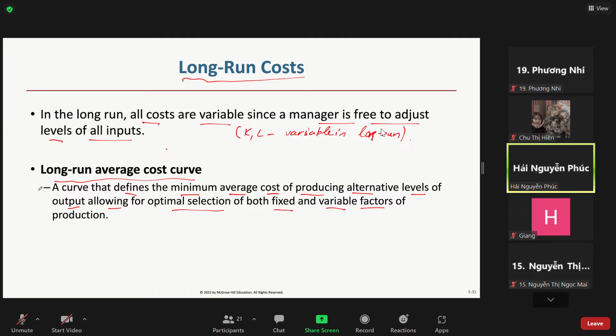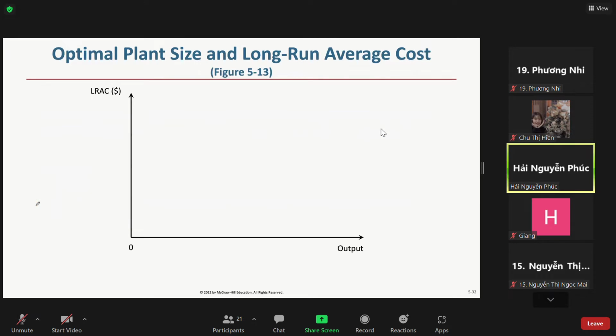You can see that this definition is quite complicated, but if we look at the graph, I hope it would be simple for our imagination. It looks like this. Here's the cost measured in dollars. Here's the output.